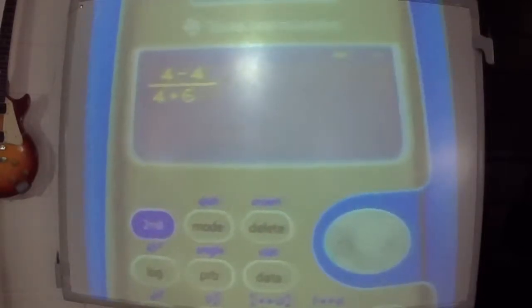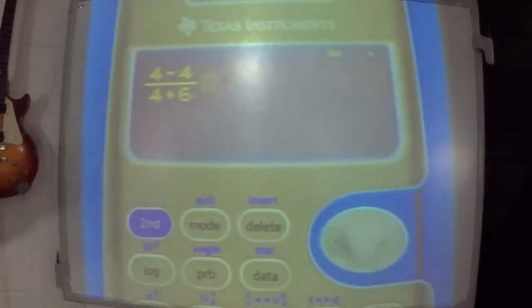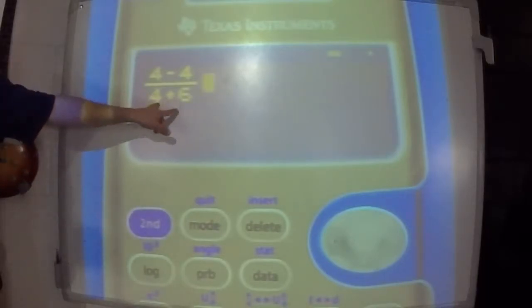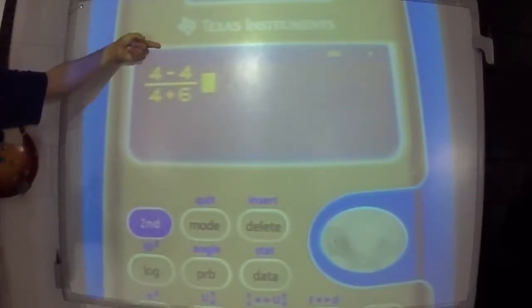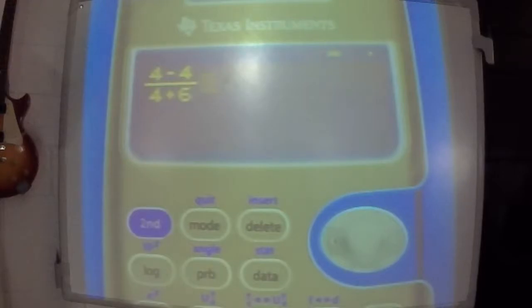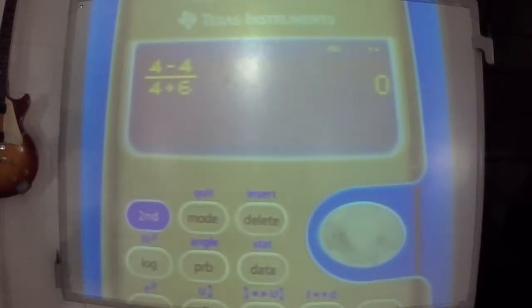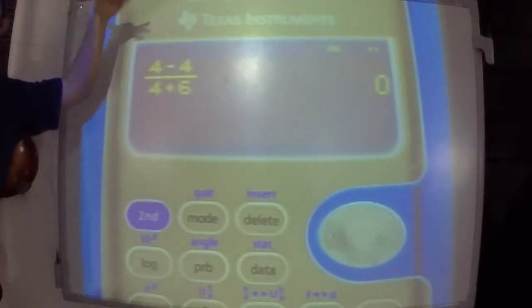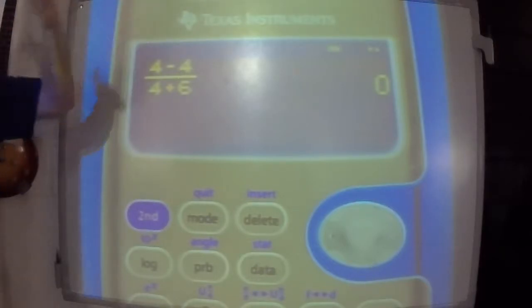Think about why this might come out to be 0. It's divided by 10, but what's on top? If 0 on top, you can do 0 over 10, it's 0. You can't have 0 on bottom. So 0 on top will be 0. 0 on bottom will be undefined.